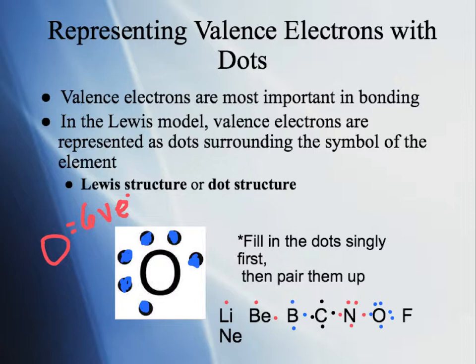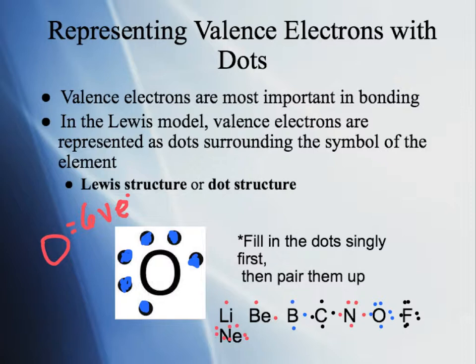Fluorine has 7, so we do 1, 2, 3, 4, 5, 6, 7. And last but not least is neon, which will have 1, 2, 3, 4, 5, 6, 7, 8.